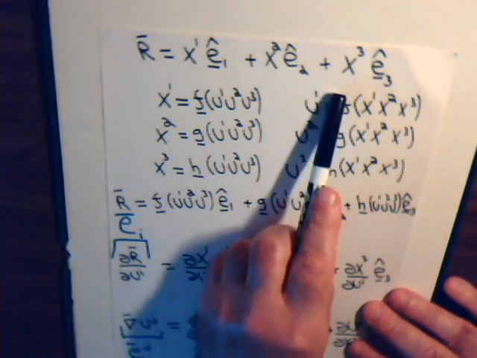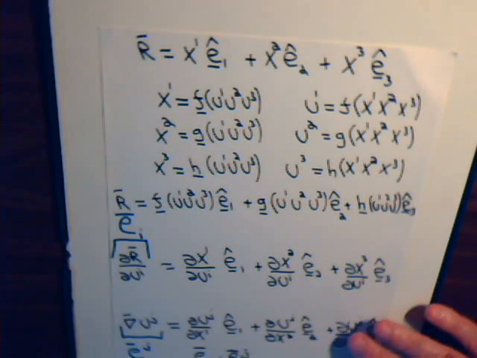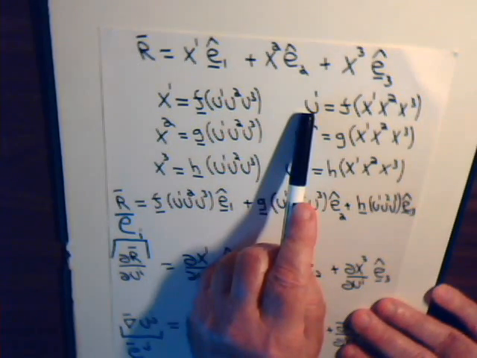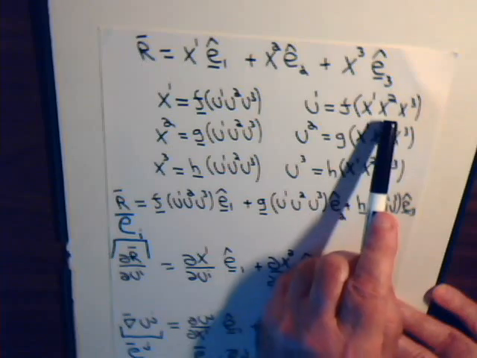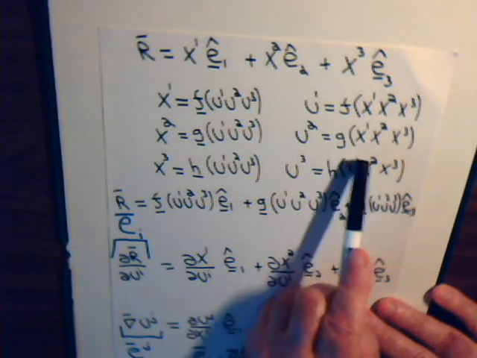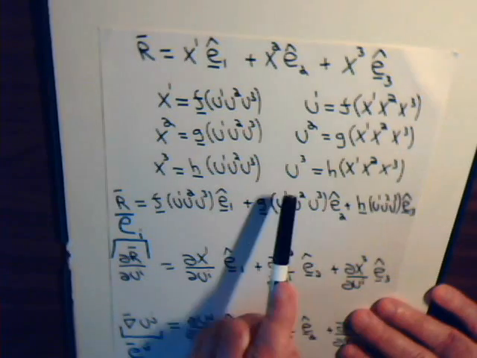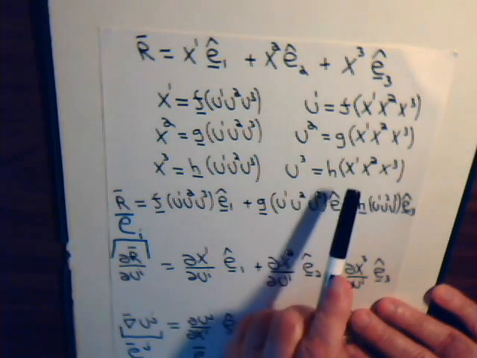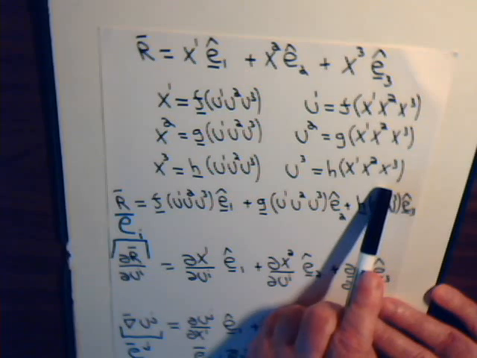That's what this means. So, for example, u1 is some function of x1, x2, and x3. u2 is a different function of x1, x2, and x3. u3 is yet a different function of x1, x2, and x3.